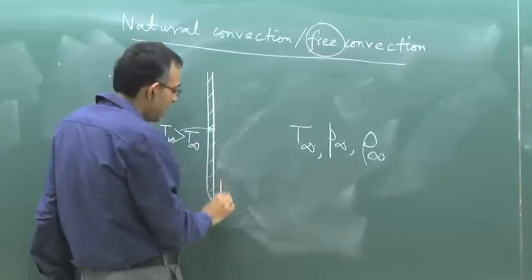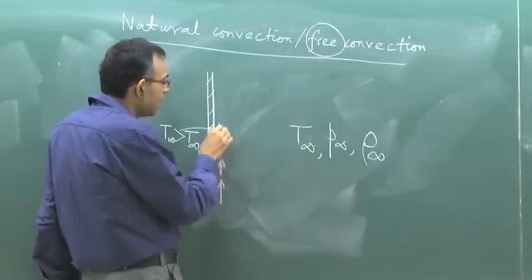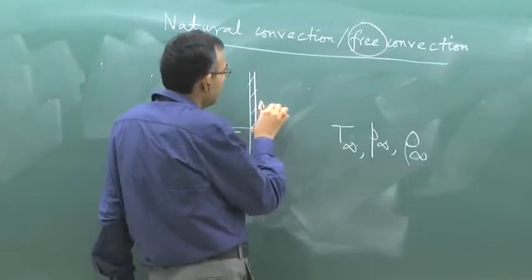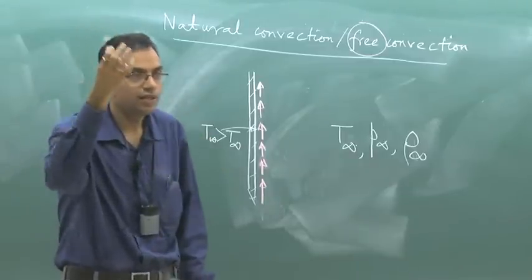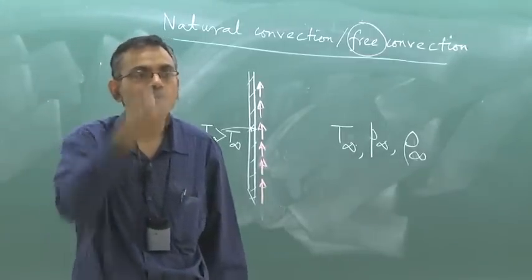Now, if the air which is in contact with the solid boundary, again I am giving an example, it can be some other fluid, gets hot, it gets lighter. If it gets hot, its density decreases and it tends to go up.